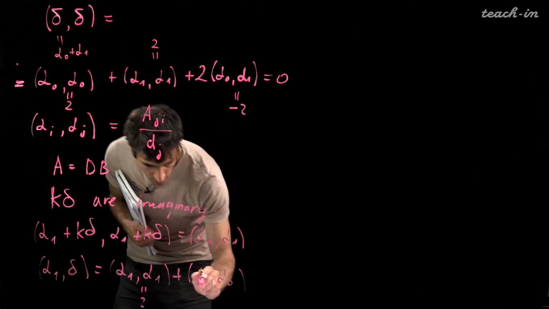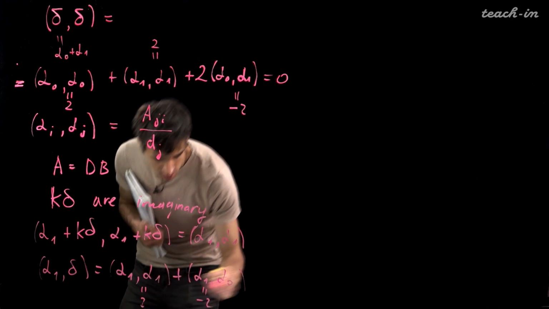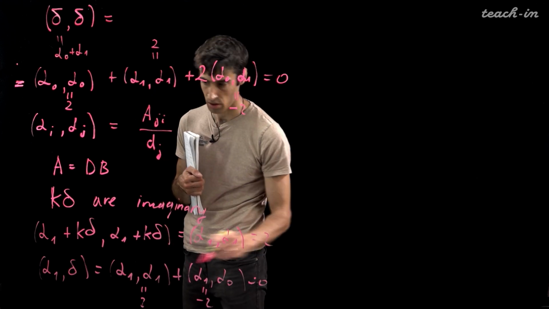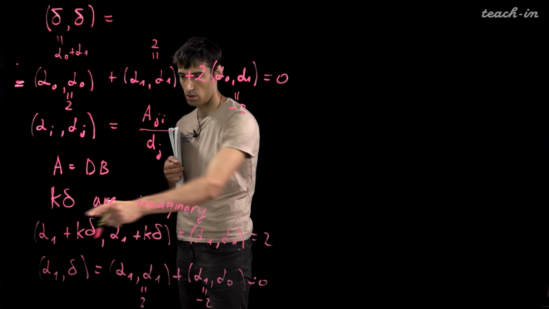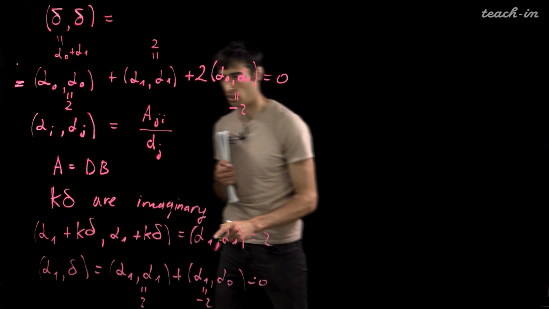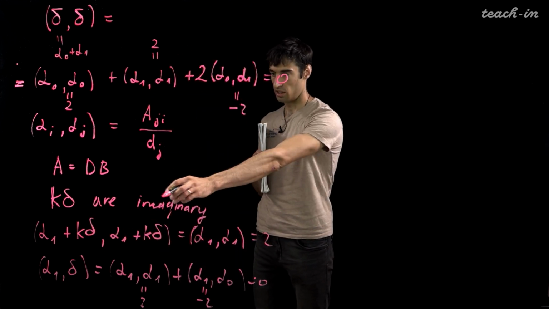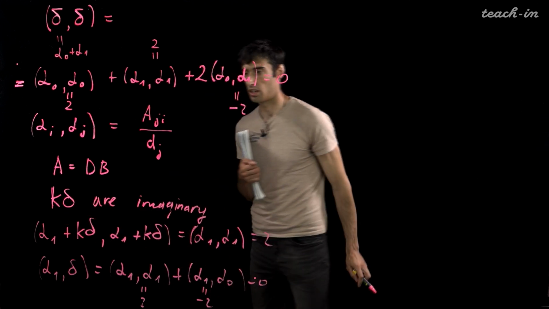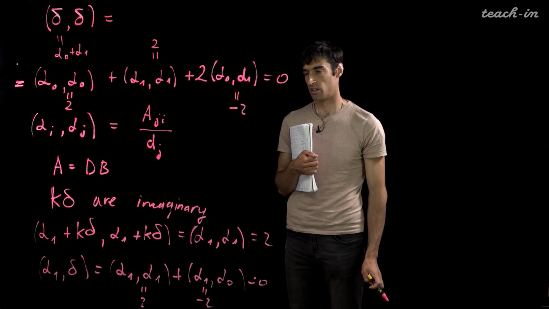This is 2, this is negative 2, so this is 0. And alpha 1 with alpha 1 is 2, so this is greater than or equal to 0. So all roots of this sort, or with negative alpha 1 as well, are real, and all roots of the other sort are imaginary.